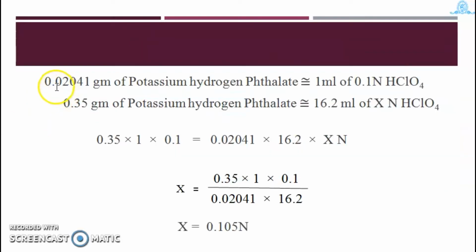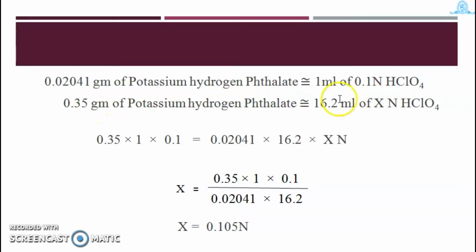So our factor is: 0.02041 gram of potassium hydrogen phthalate is equivalent to 1 ml of 0.1 normal perchloric acid. Okay. As we have taken 0.35 gram of potassium hydrogen phthalate, now we have to find out how much normality of perchloric acid is equivalent to this much potassium hydrogen phthalate for 16.2 ml of perchloric acid.